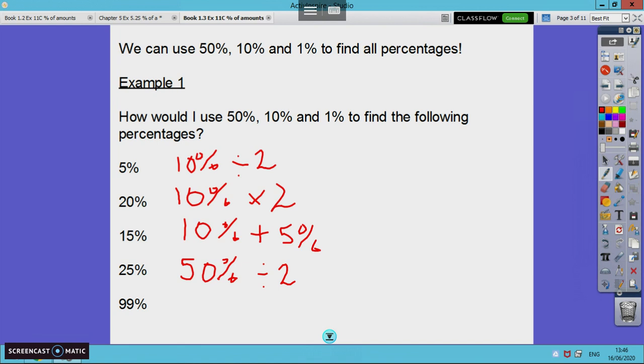And then for 99%, this is an interesting one. What I would actually do is find 1% and then take it away from the answer itself. So say I wanted to find 99% of 200.